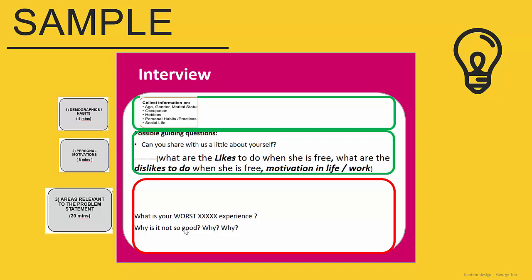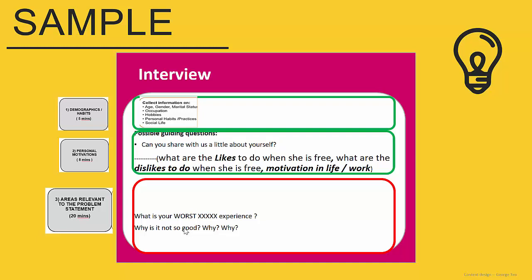To actually obtain a set of questions that allow you to uncover these insights, we need the questions to flow nicely. So when you are designing your questions, try to picture in your mind how you would ask those questions and how the first question leads on to the second. In particular, how would the personal motivations lead on to the areas relevant to the problem statement?